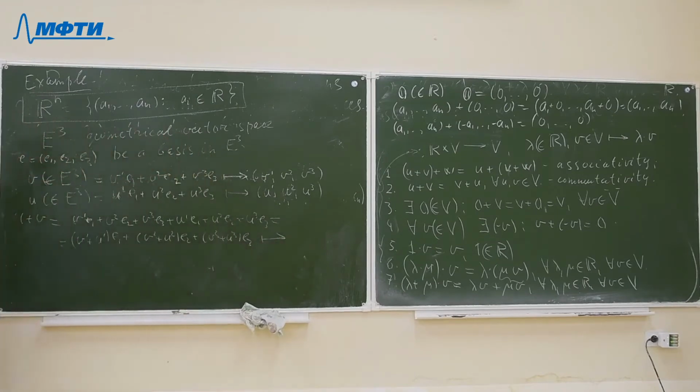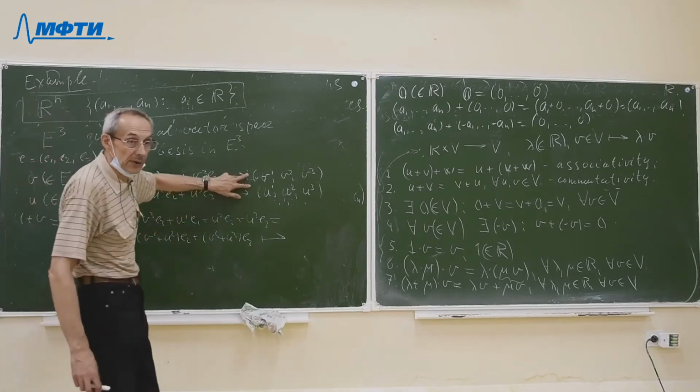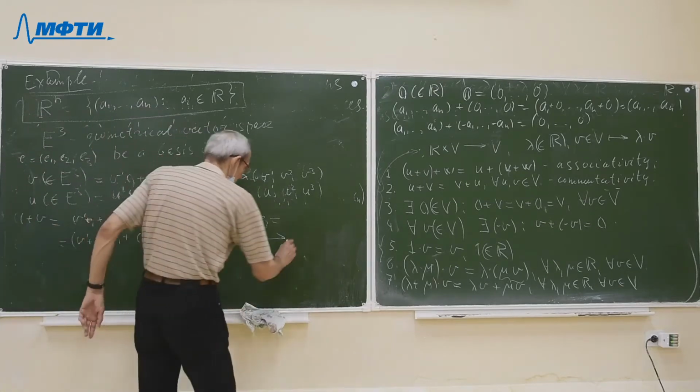And we can see that for this sum of two vectors, the coordinates of the sum are the sums of the corresponding coordinates of these two vectors.